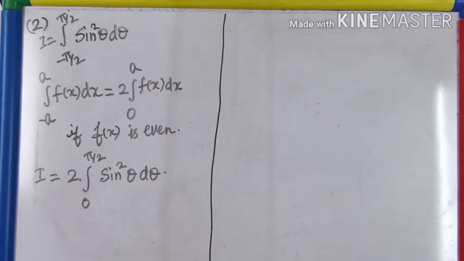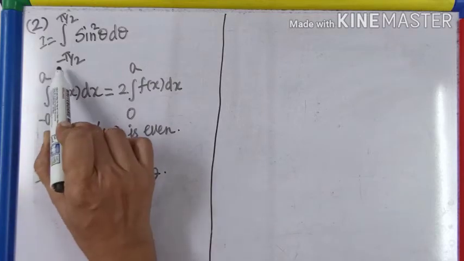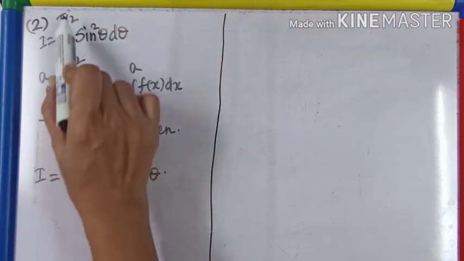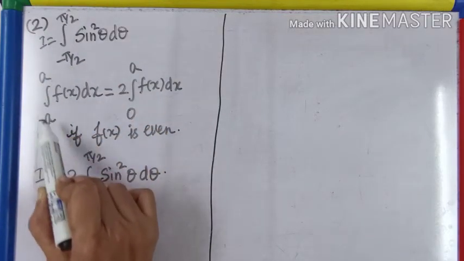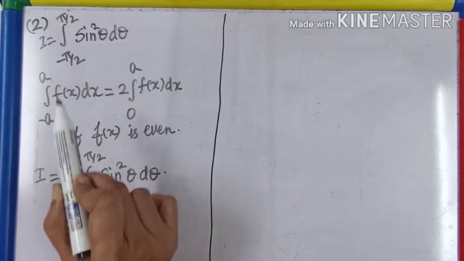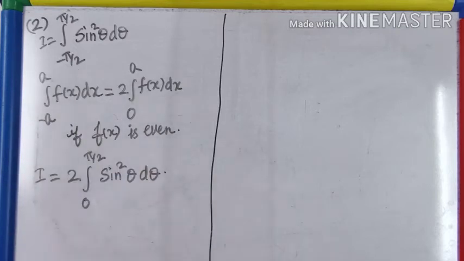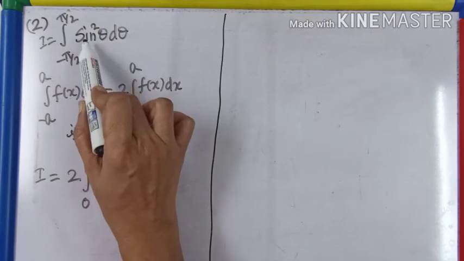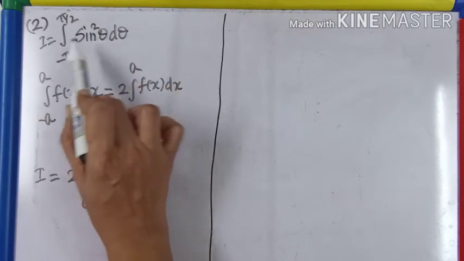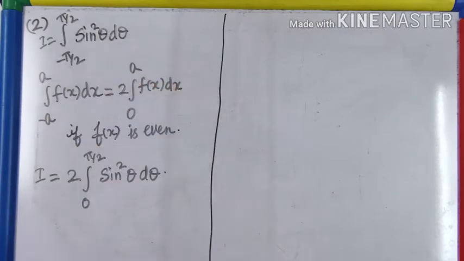Question number 2. I equals integral from minus pi by 2 to pi by 2 of sin square theta d theta. Here again the limits are from minus to plus, the same minus a to plus a format. Check whether it is odd or even. See, it is sin square. Whatever be the trigonometric function, if the power is even, it is an even function.